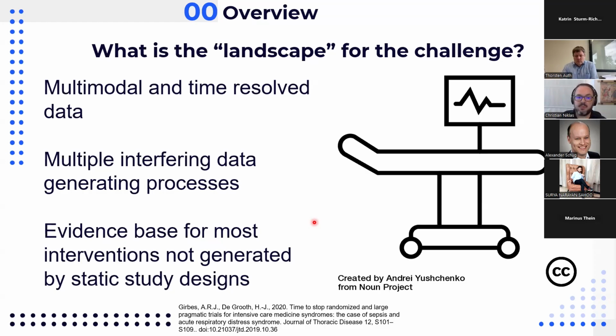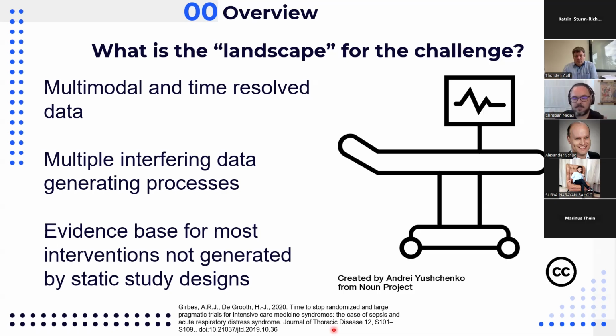And this is something that we've learned, and there's even a paper that I've put down here where they ask, and this is specifically for me in intensive care medicine, can we even fathom continuing doing RCTs, randomized controlled trials, in these contexts, because we saw that they are not very useful in guiding our practice as clinicians.